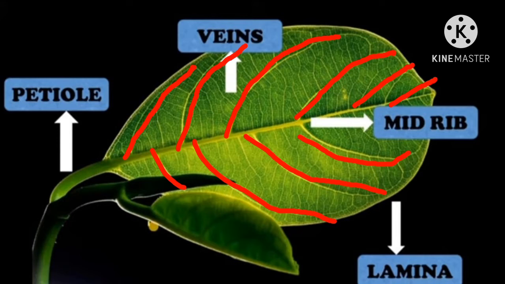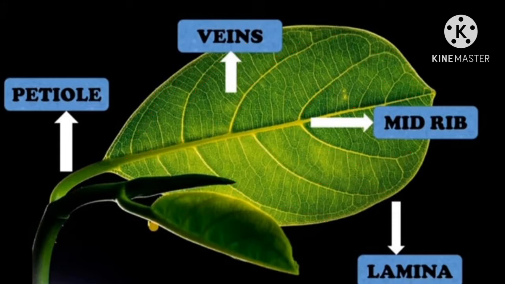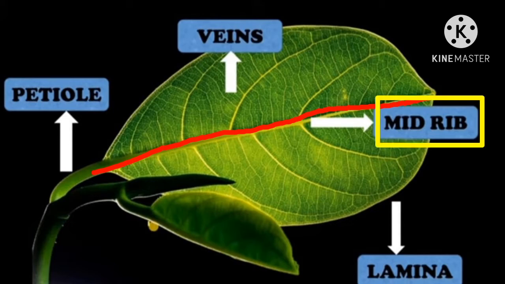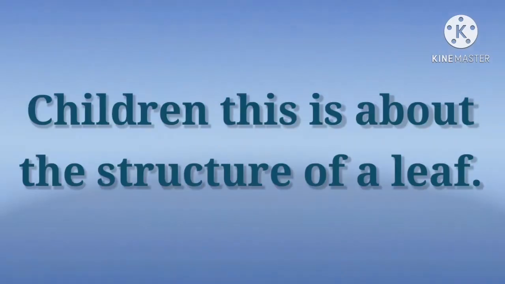Yes. These lines on the leaf are called veins. Next, in the middle of the leaf, we can see a prominent or thick line. This line is called the midrib. Children, this is about the structure of a leaf.